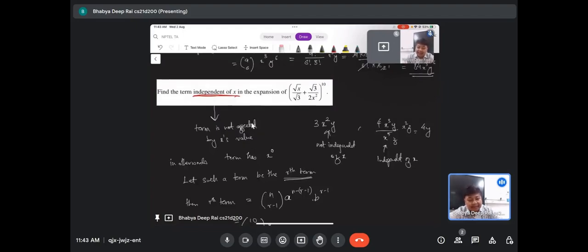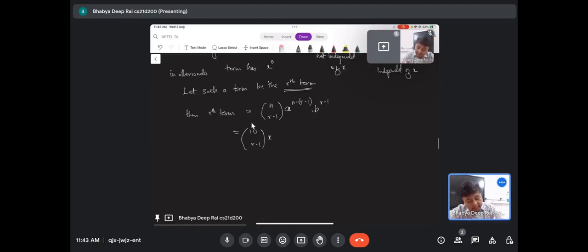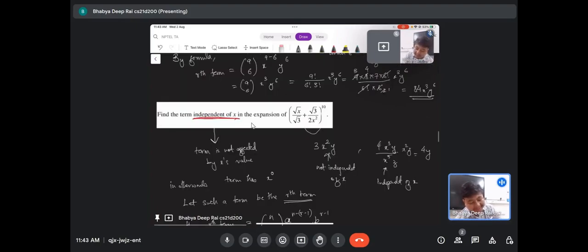Root x by root 3. Root x by root 3 whole to the power n minus r minus 1. Okay, and next we have b. What is b for us? B is root 3 by 2x square.